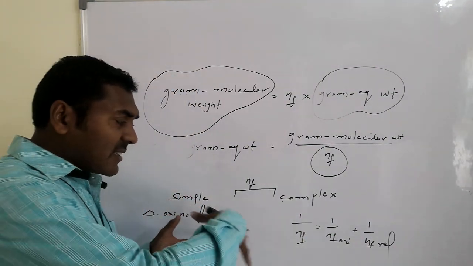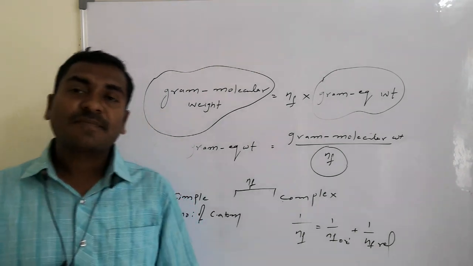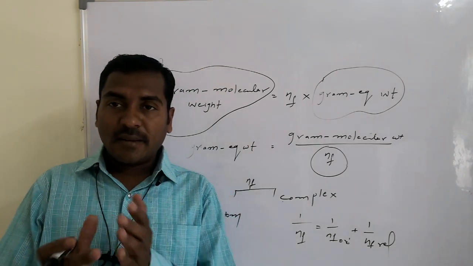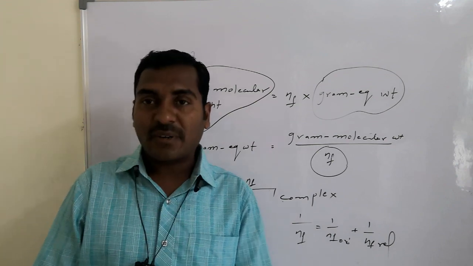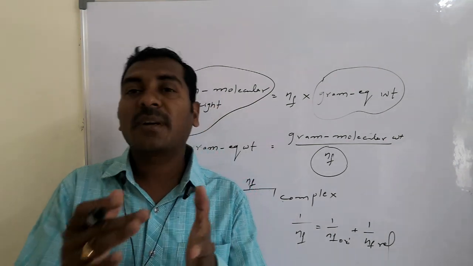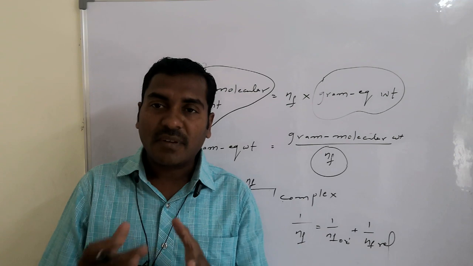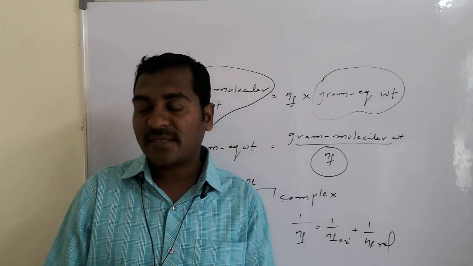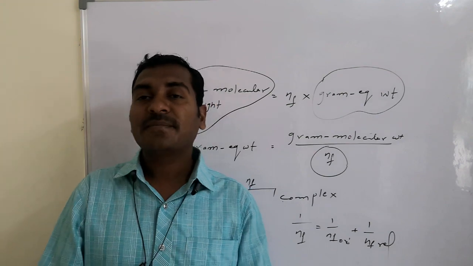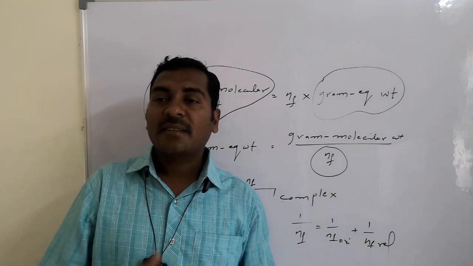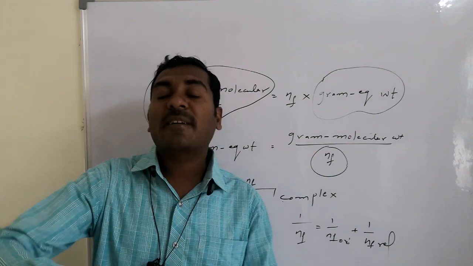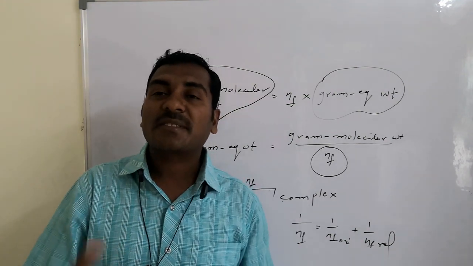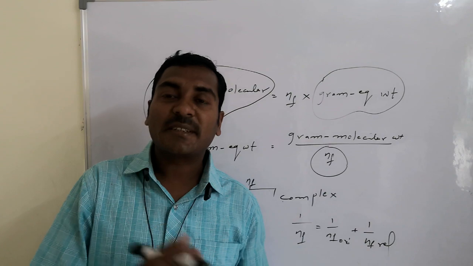Thus N factor will give an idea, that is, for the exchange of 1 Avogadro number of electrons. Suppose it is a normal simple redox reaction, for the exchange of 1 Avogadro number of electrons, whatever weight is required from 1 gram molecular weight, or from one molecule, how many active species are going to be produced, that is said to be its N factor.